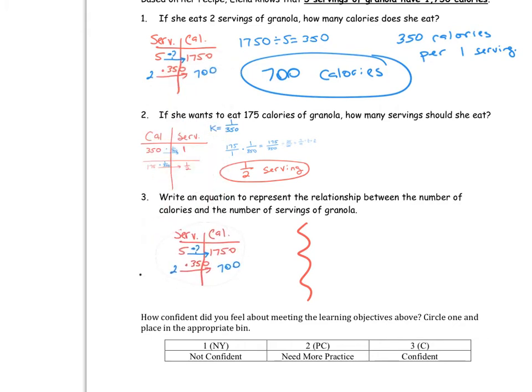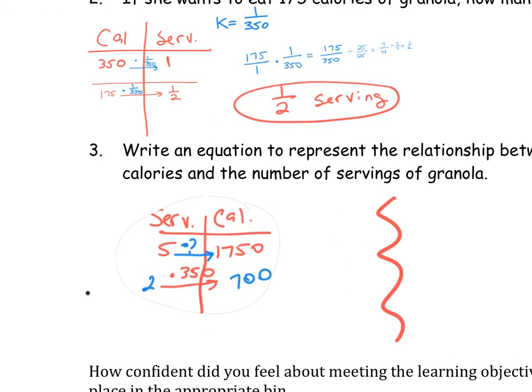Okay. And if I were to label servings as S and calories as C, if I continued this down and put S here, I would have 350S, right? Because I multiply by k, which is 350.